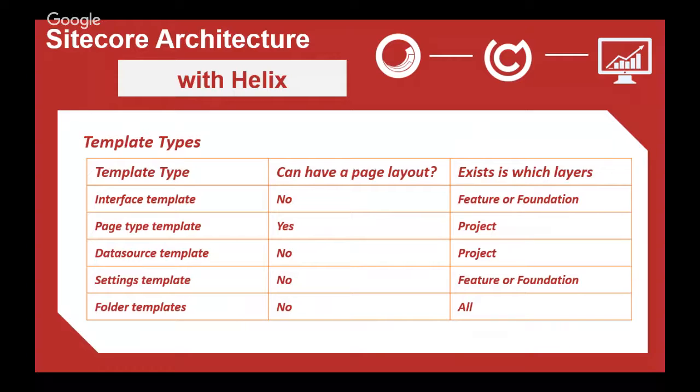So the data source is still working the same. It holds no page layout or presentation for your pages, and it's just going to act as your data source. So we can say we have your categories, your tags for blogs. All of this can be set as data sources if that's the only place they're going to be showing, and it's going to be under your project.